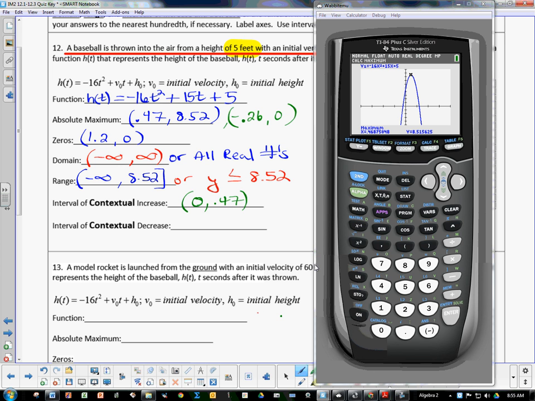This next one, interval of decrease. Well, that's going to decrease from 0.47, right? That's up at the top, all the way down to, oh, good, it's 1.2. 0, 1.2. Anyone having any issues with that? Yes.